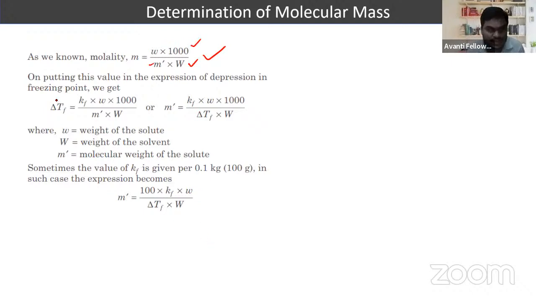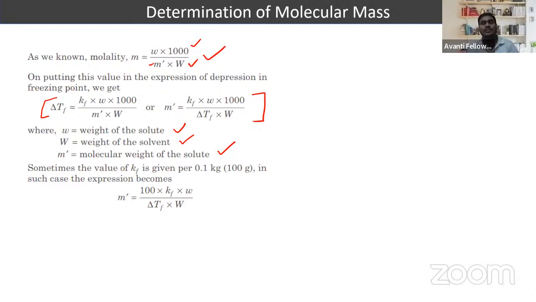On putting this value in this equation, we get delta Tf equal to this. Or we say molar mass of the solute comes out to be Kf into w into 1000 upon delta Tf into W, where small w is the weight of the solute and capital W is the weight of the solvent, M dash is the molecular weight of the solute.